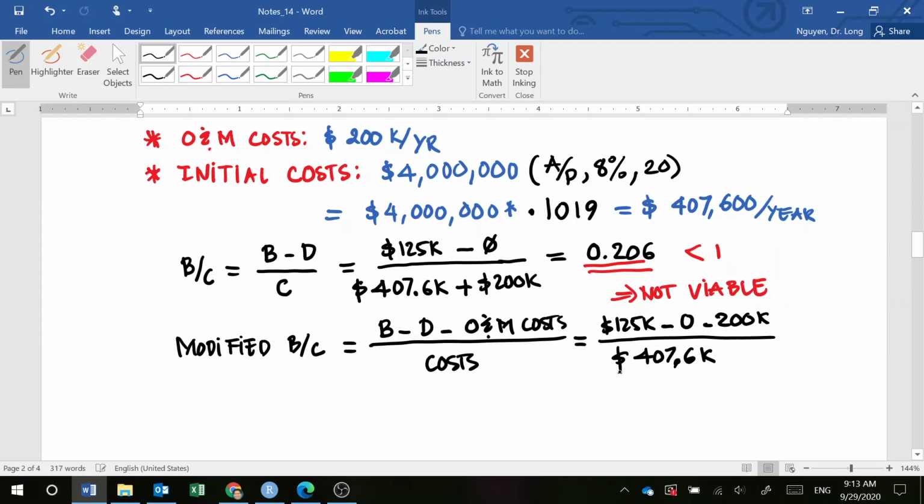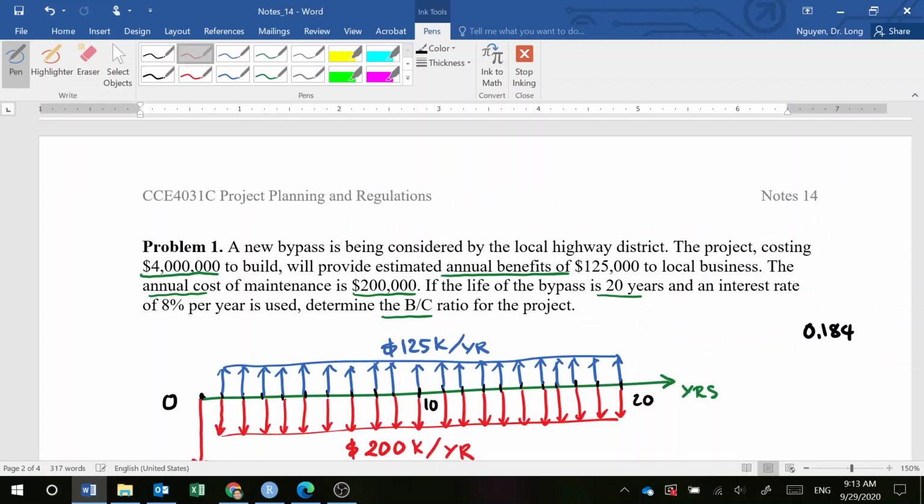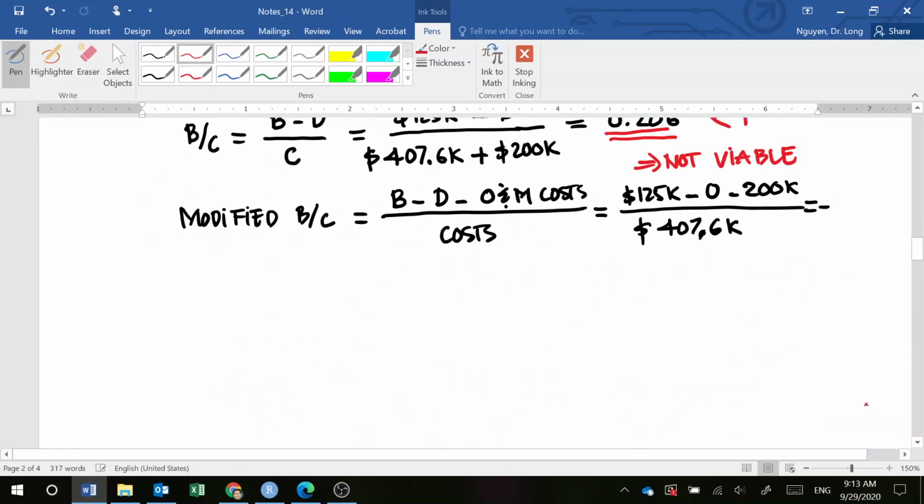From that we get a negative number, negative 0.184, and of course both methods should give the same conclusion.